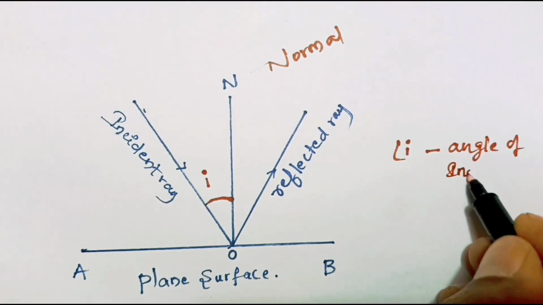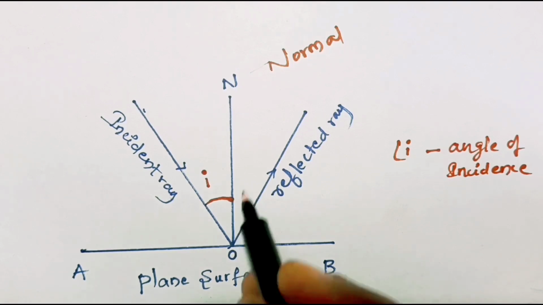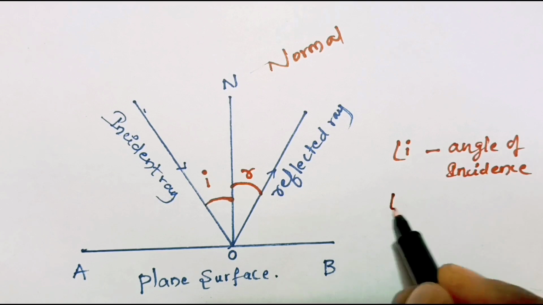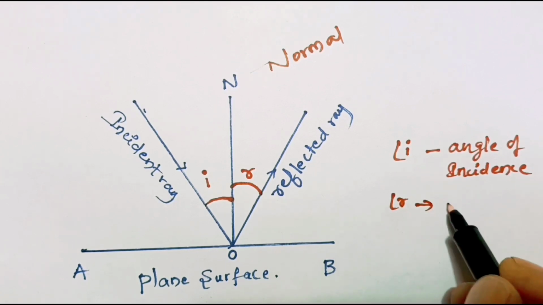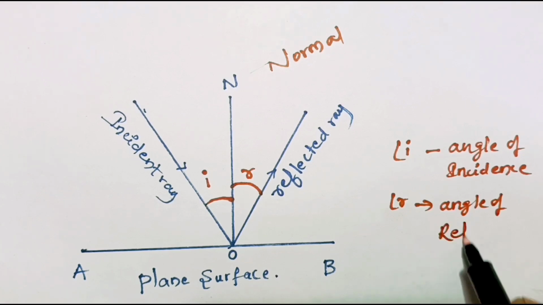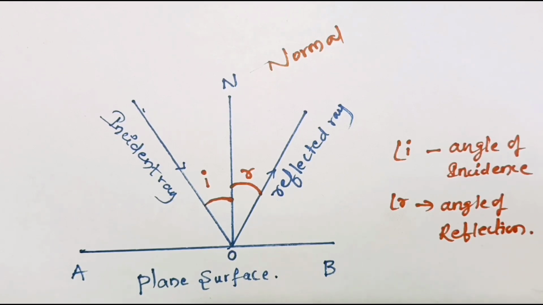An angle is formed here. This angle is called the angle of incidence. Here another angle is formed. This angle is called the angle of reflection. We observe that the angle of incidence is equal to the angle of reflection.